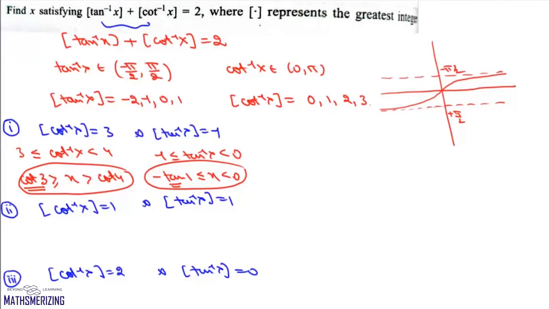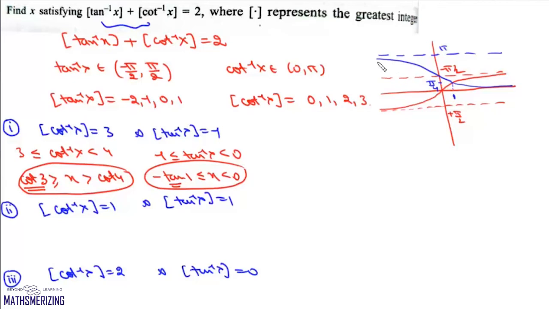And then for the graph of cot inverse, we have asymptotes at 0 and pi. Now these two graphs will intersect at 1 and this value is pi by 4.